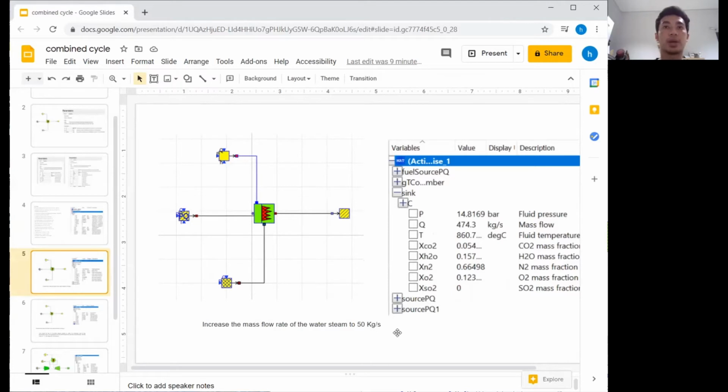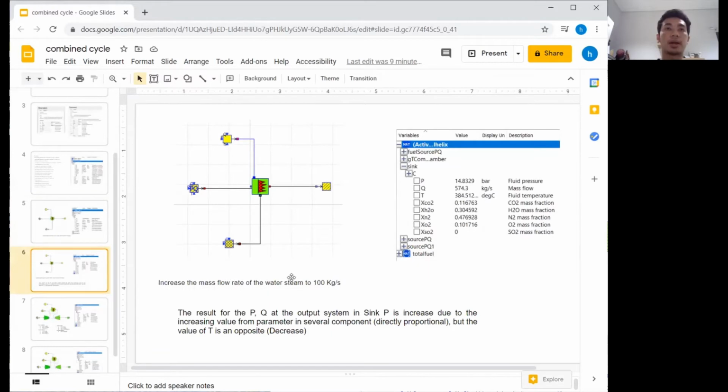And we can see that the result is different. The fluid pressure is almost the same, but there is an increase in mass flow rate. There is a gain of 50 for the mass flow rate; it becomes 474. And the temperature, in this case, decreased. It becomes 860. Now we can come to the next.